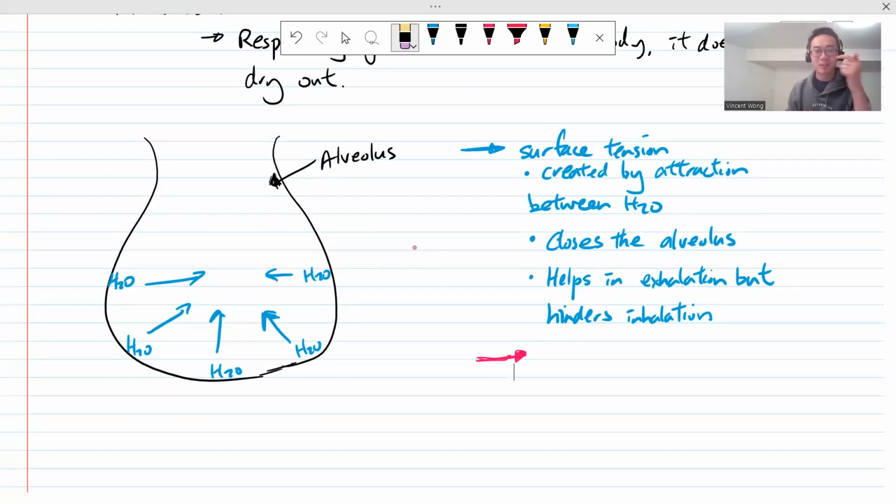Anyways, there is another force here. Okay, I'll draw it out first. So there are these cells. The cells are called septal cells.